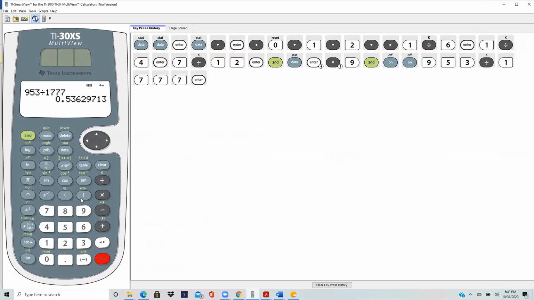Okay, so we first clear the data. So enter, and then you hit data again and scroll down to the second one and clear that.